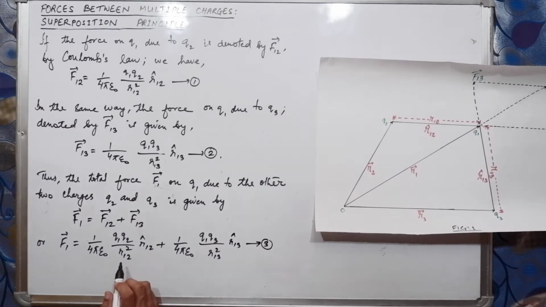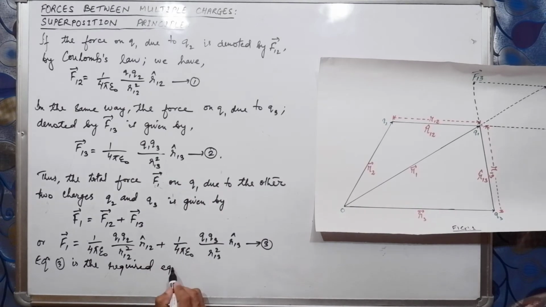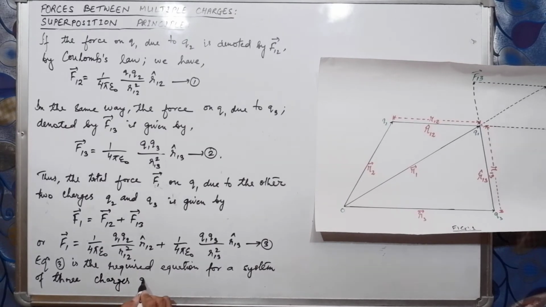So equation 3 is the required equation for a system of three charges Q1, Q2 and Q3.